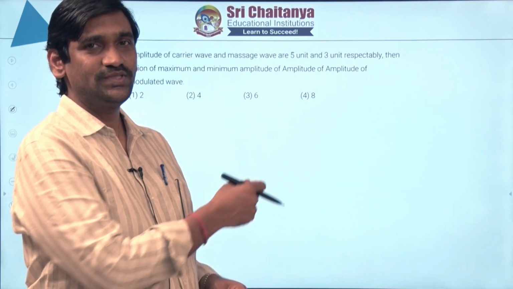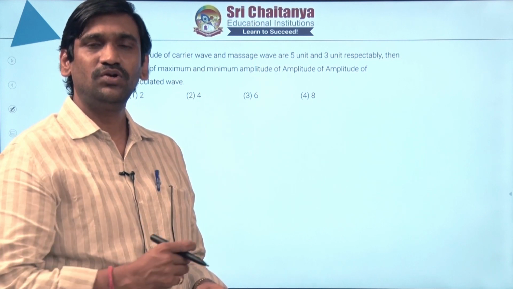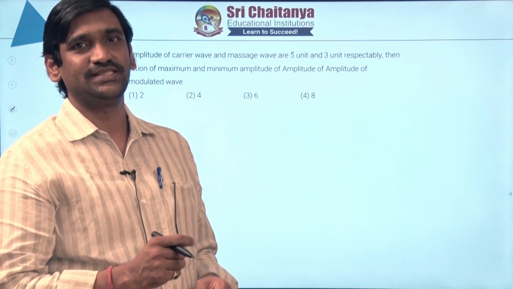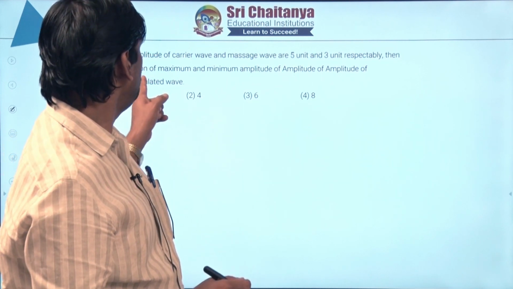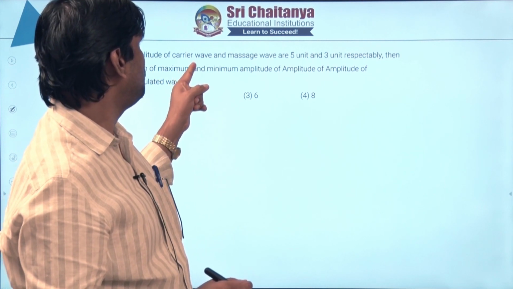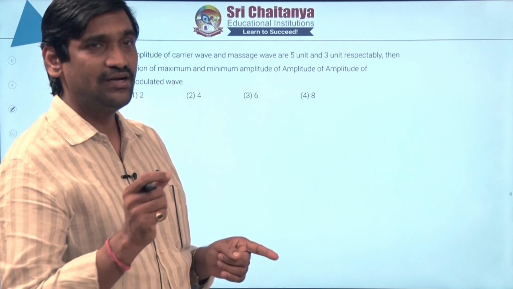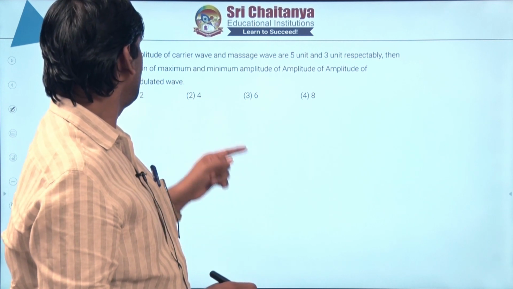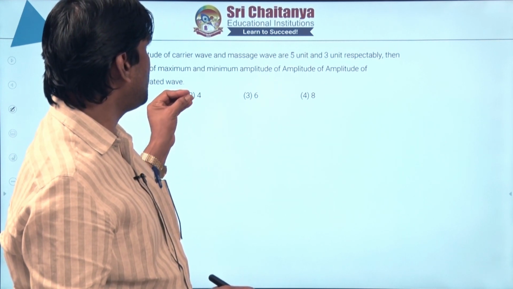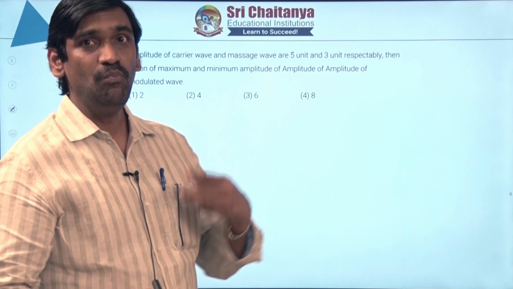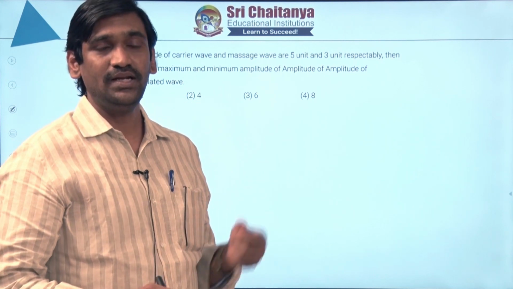Now I am going to start question number 21. This question number 21 is based on communications. Here given amplitude of carrier wave and message wave are 5 units and 3 units. Then the ratio of maximum and minimum amplitude of amplitude modulated wave, that they are asking.